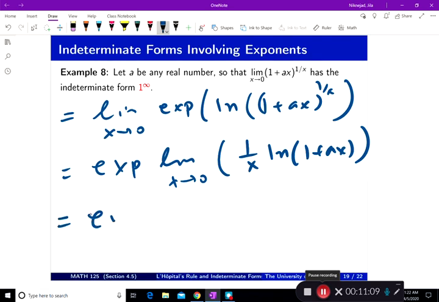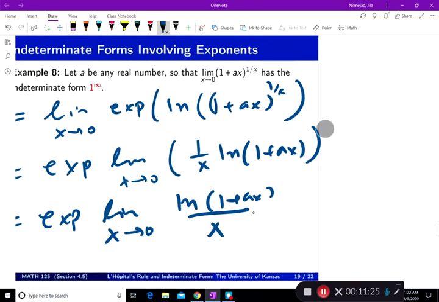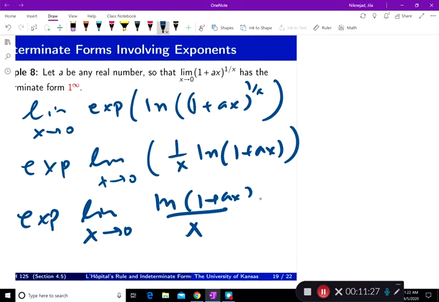This one is a little easier because writing it as 0 over 0 is very natural. And I get natural log of 1 plus ax over x. And this time around, it's 0 over 0. So it ends up with exponential.